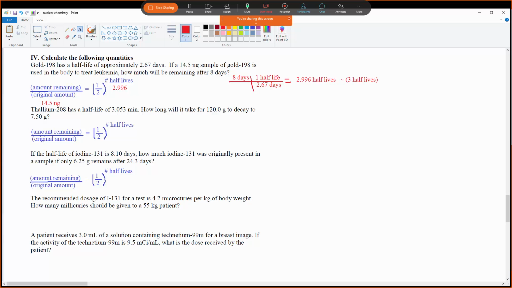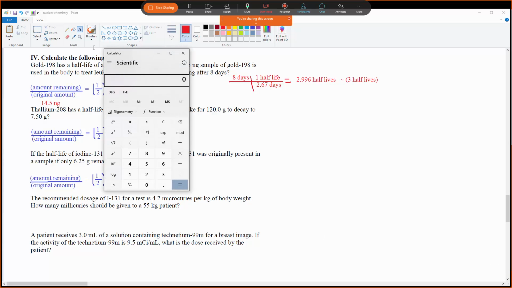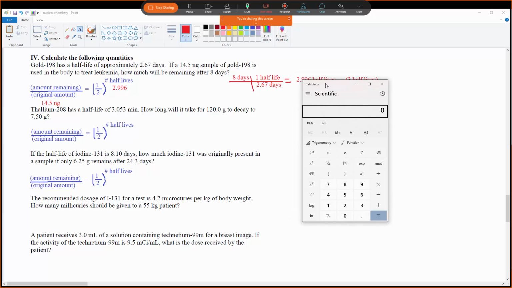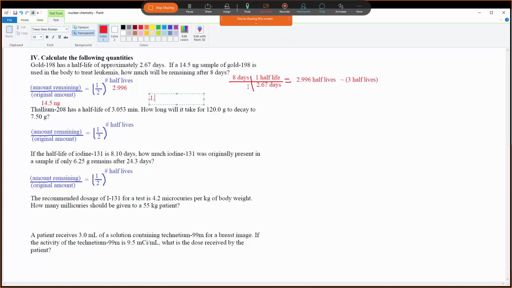So if we estimate it, then we start with 14.5 and I'm dividing by 2, 3 times, right? Cut it in half, cut it in half, cut it in half again, and that's 3 half-lives, and I get 1.81 nanograms estimated remaining.